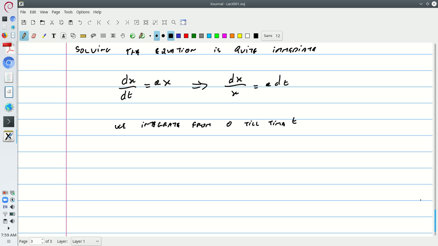So when we integrate from 0 till time t, the integral of this is given by the logarithm of x at time t minus the logarithm of x at time 0. This is an initial condition that needs to be known so that we can solve the equation.